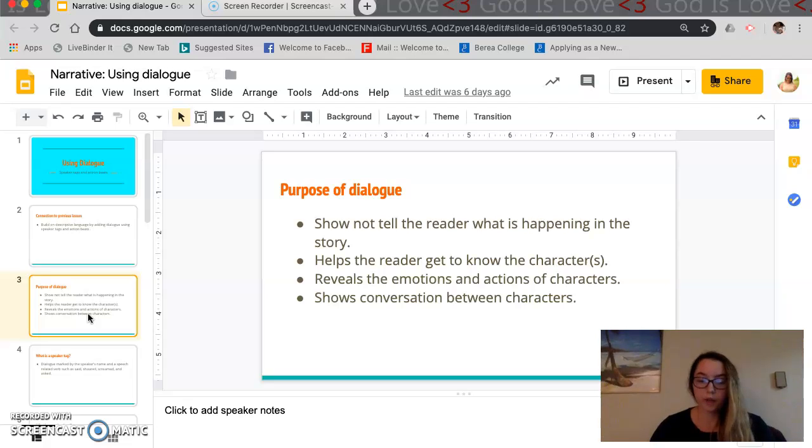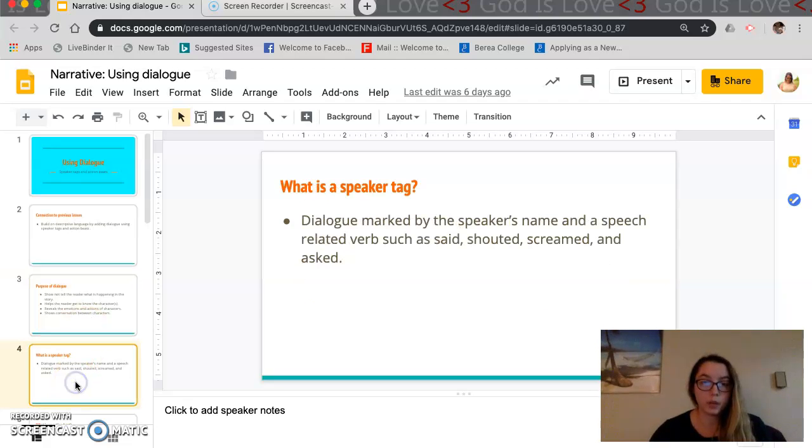The main idea of using dialogue is to show reality, such as a conversation between characters. As a writer, we do this by using speaker tags, which consist of the speaker's name and a speech-related verb, such as said, shouted, or asked.